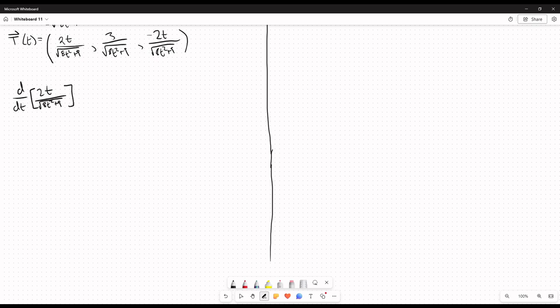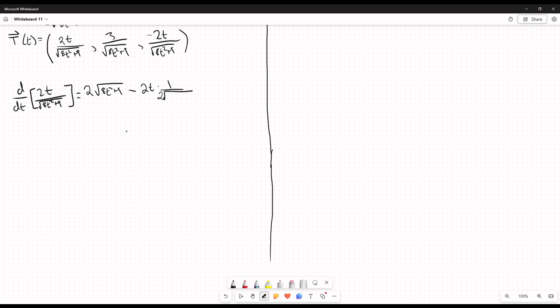You could probably do this without the quotient rule, but it's going to be more work to do it without than it is to do it with. So we'll take the derivative of the top times the original of the bottom, minus the original of the top times the derivative of the bottom. I know the derivative of square root of x is 1 over 2 square root of x, and then I'm going to have some chain rule going on.